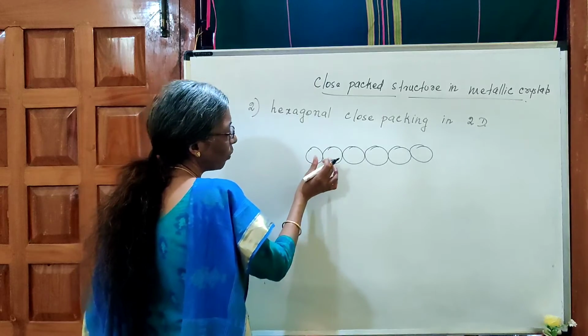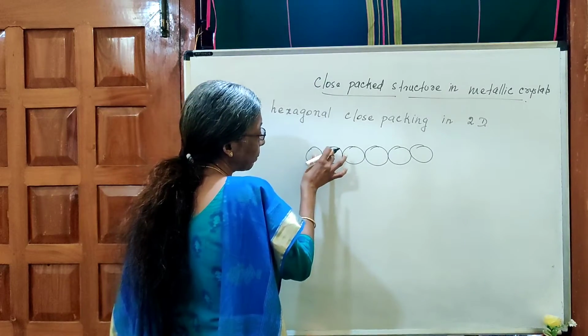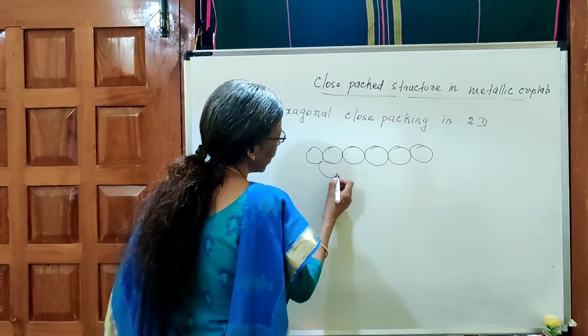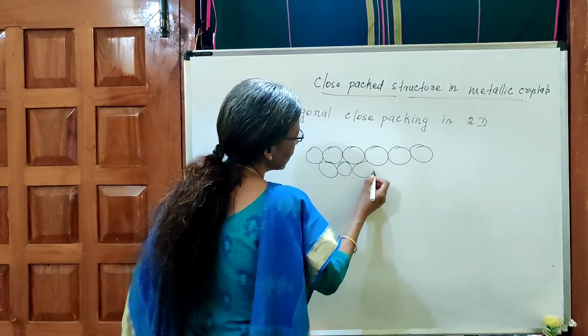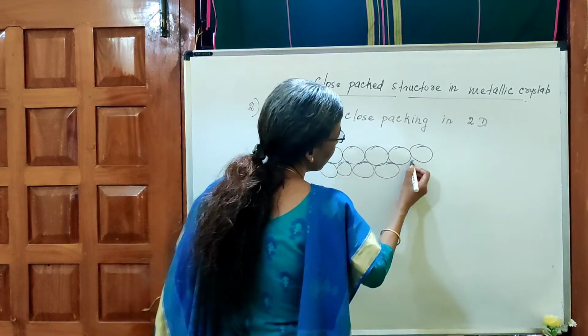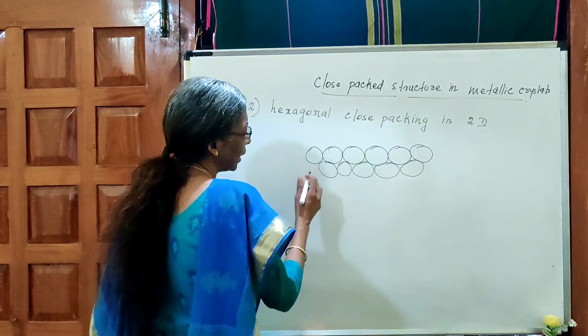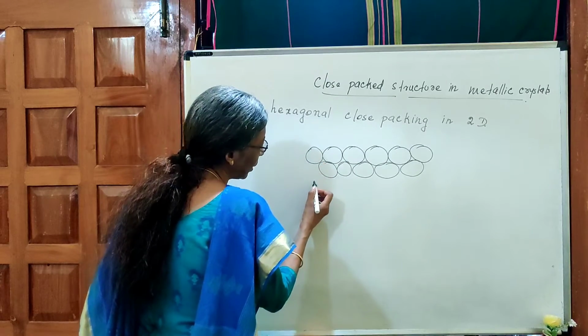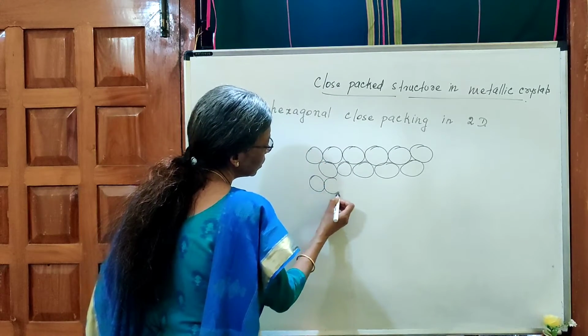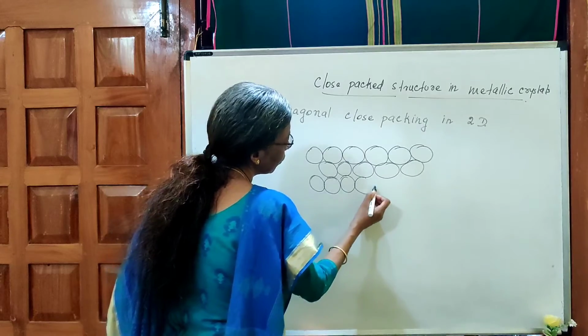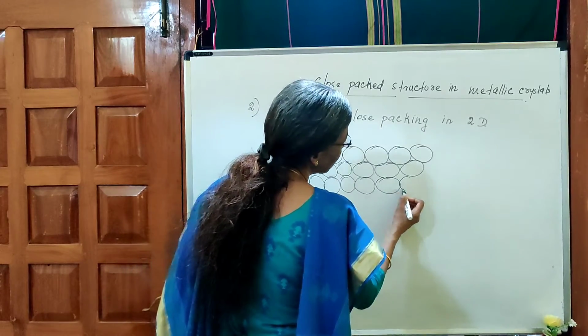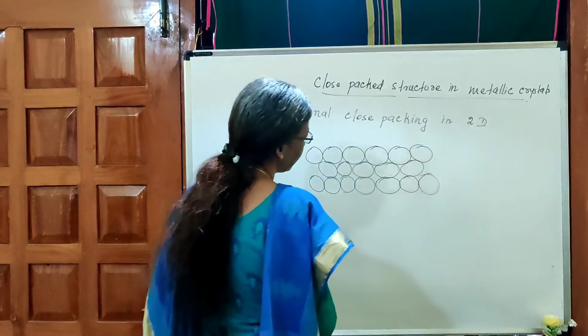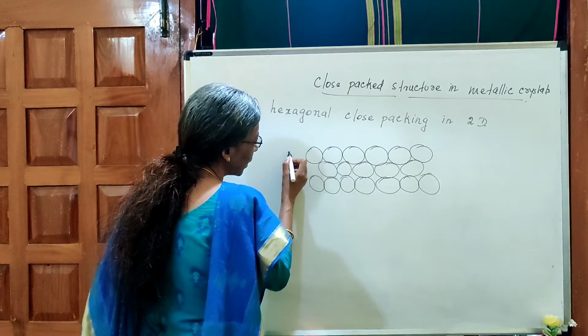Okay, next layer, how will you draw the next layer? That's in the depression of these 2. So 1, here 2, 3, 4, 5, like this. The next one exactly below this one. So 1, 2, 3, 4, 5, 6, 7. Next layer is the first one, this one.